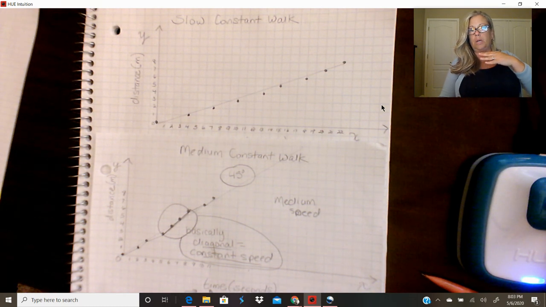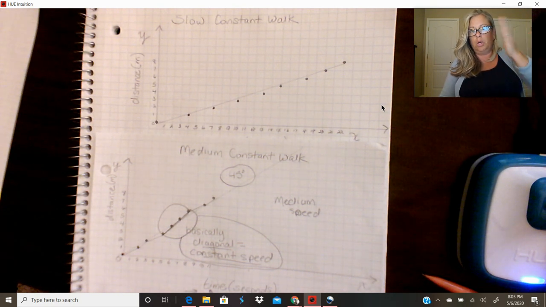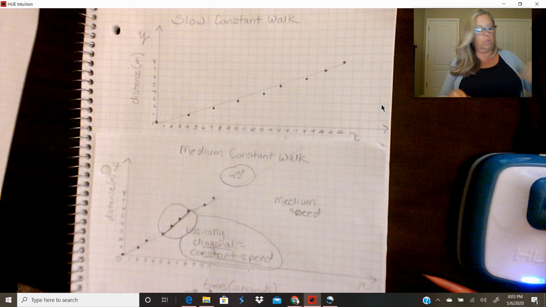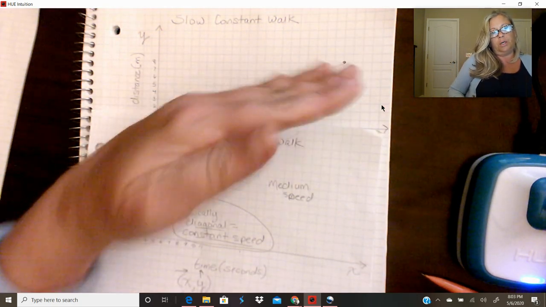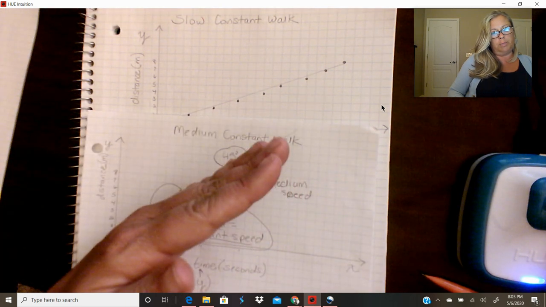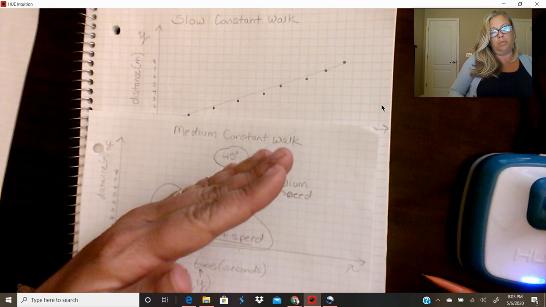Think of it as a ramp, right? And in math and science it is literally called a slope, like the slope of a hill. When you're doing the slow constant speed, your slope is flatter. And when you do the medium constant speed, your slope is a little bit steeper.